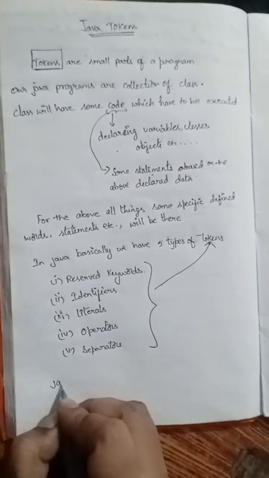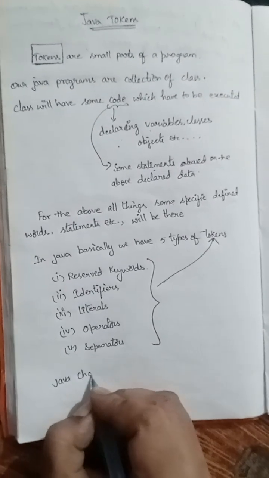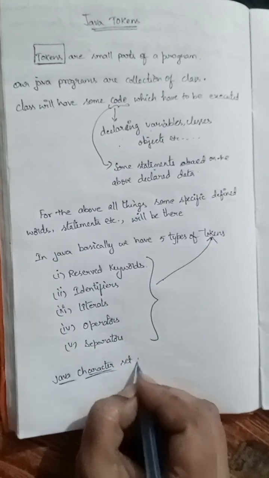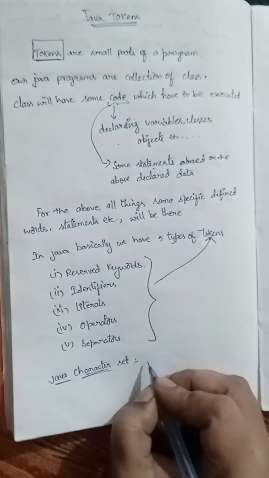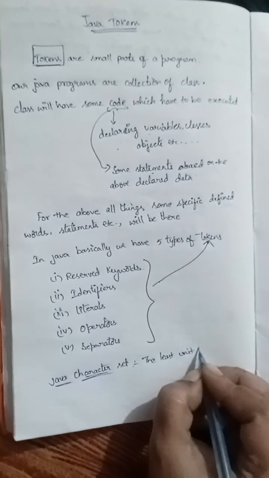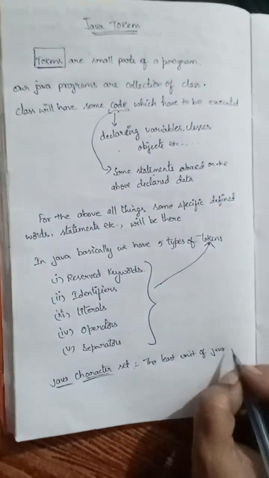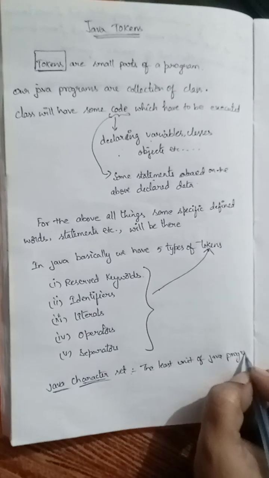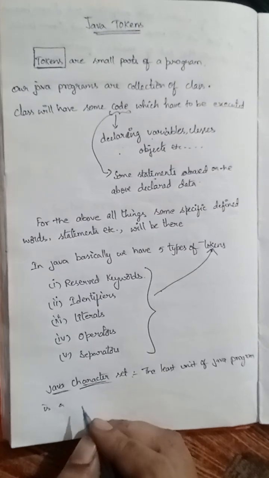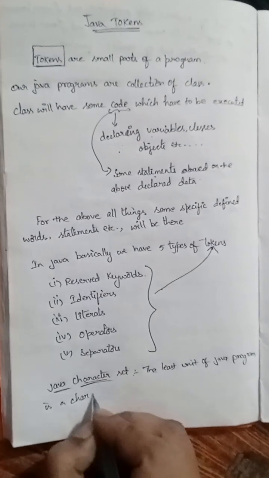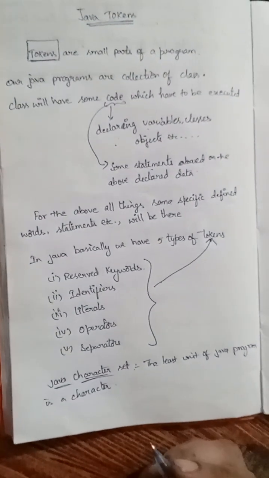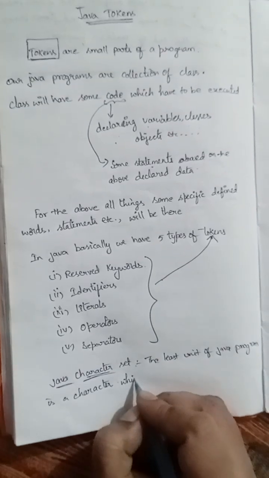Next, coming to the Java character set. The least unit of a Java program is a character, which is used to write Java tokens.